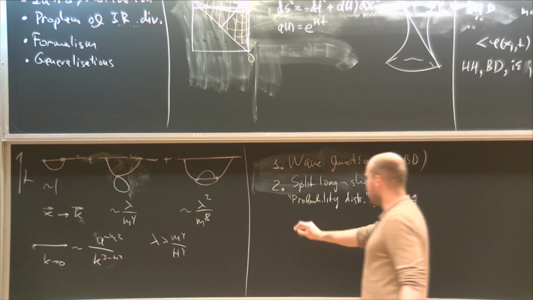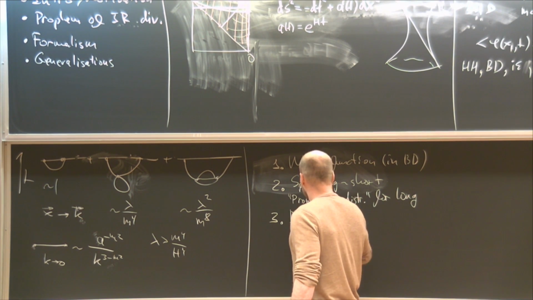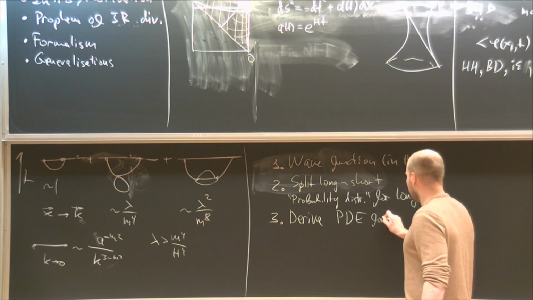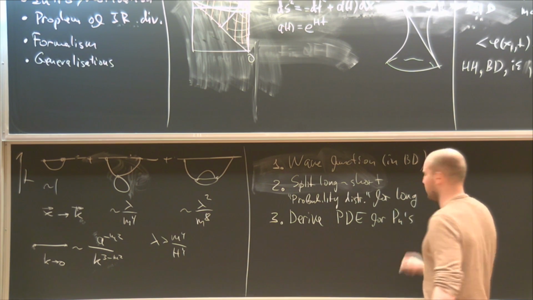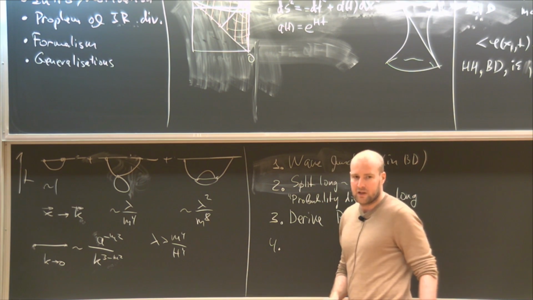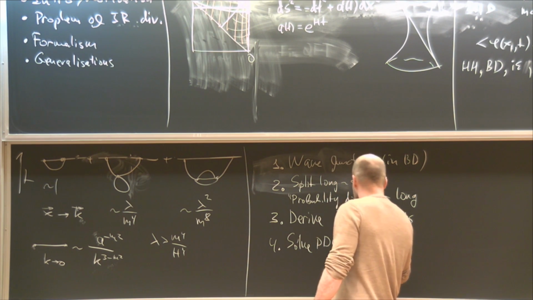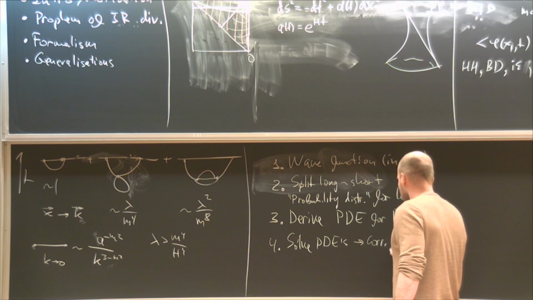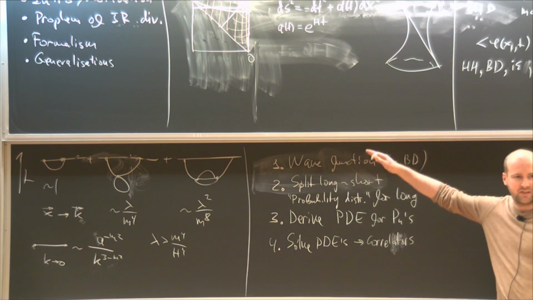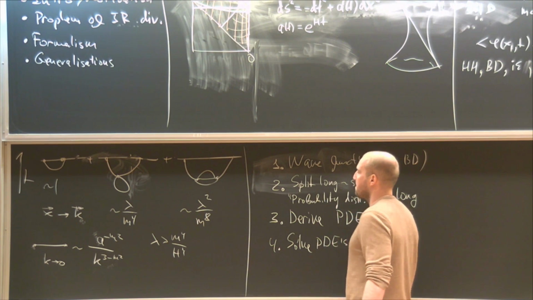Then the next step is we're going to derive some partial differential equations for these probabilities. They will be called P_n, these probability distributions. And then after we solve these partial differential equations, this will give correlation functions, correlators. So these are the four steps through which I'm going to take you.